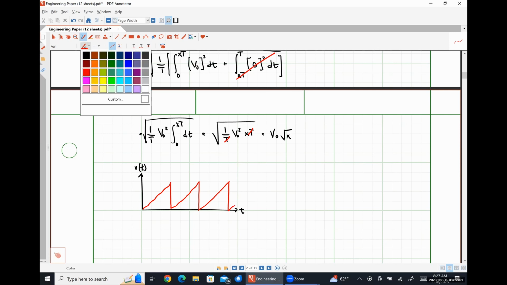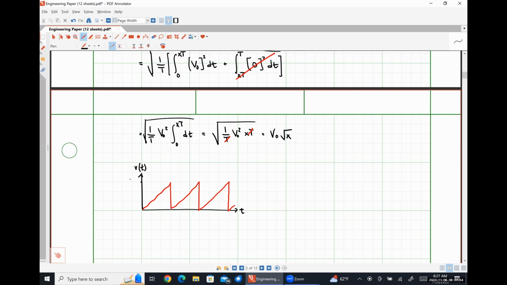Where the maximum value of this thing, we'll still call that V naught. And we can see that this thing repeats itself every capital T units. So this would be capital T, this would be 2 capital T, 3 capital T, so on and so forth.